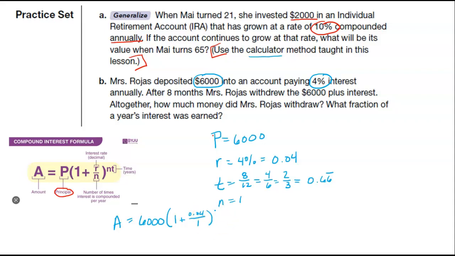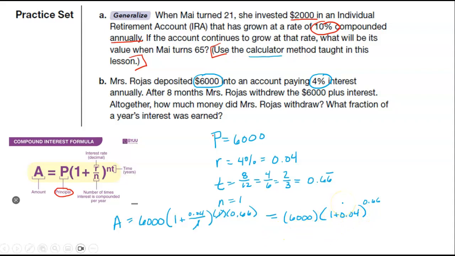And then 1 times, I'm just going to do 0.66. I'm going to take this and this out, because divide by 1, multiply by 1, no big. So 6,000 times 1 plus 0.04 to the 0.66 exponent.